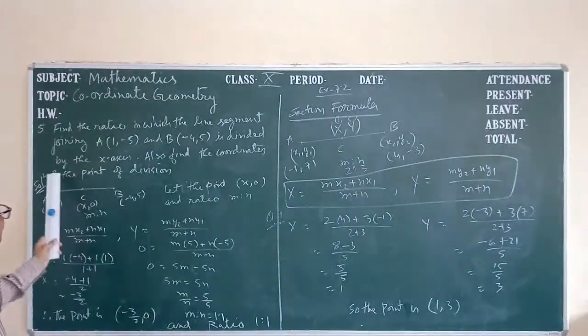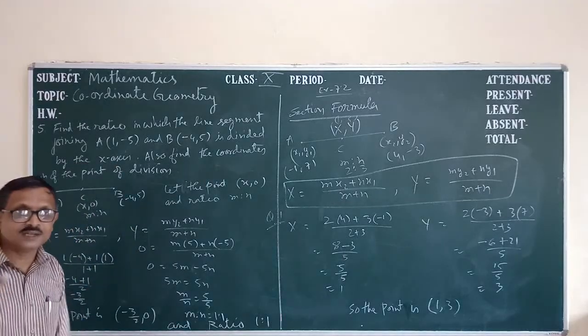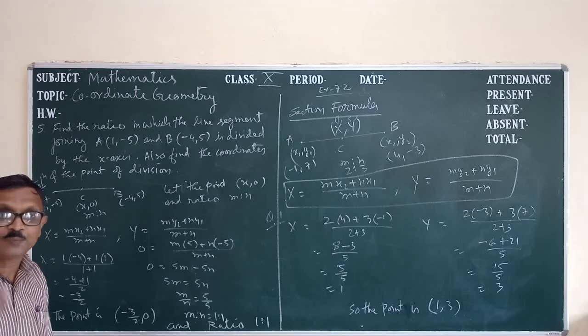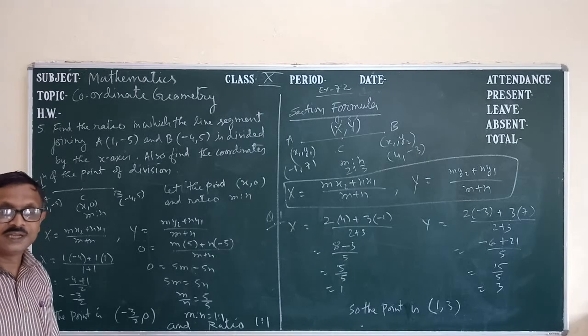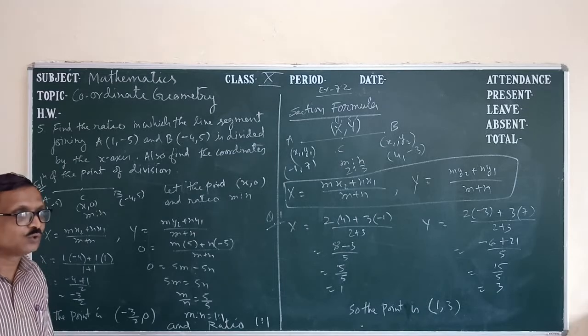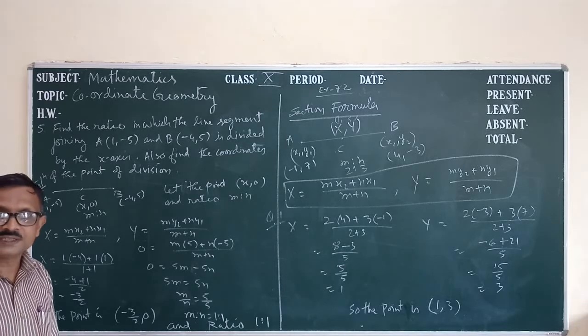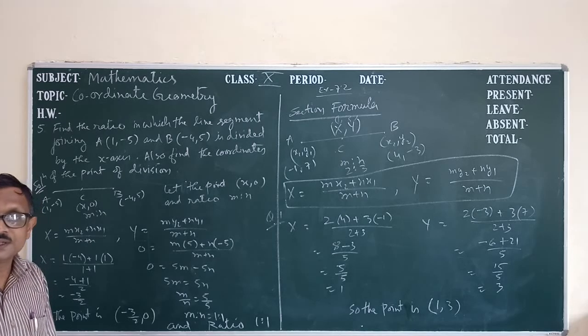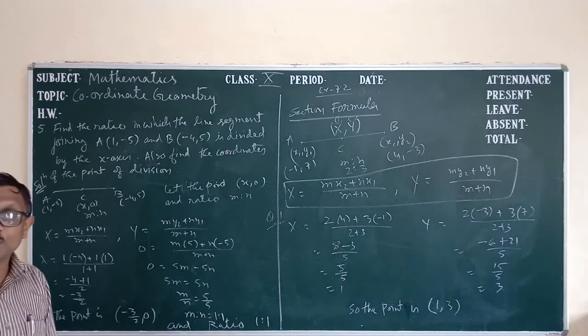And it is divided by the x-axis. So we know that if any line is divided by the x-axis, that means the point lies on the x-axis, and then the value is x0. Because we know from earlier that a point on the x-axis is x0, and a point on the y-axis is 0y.